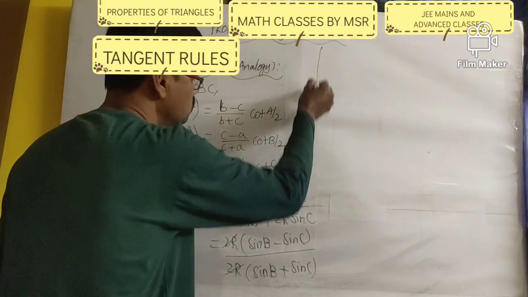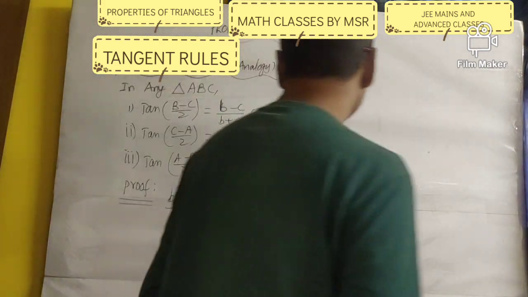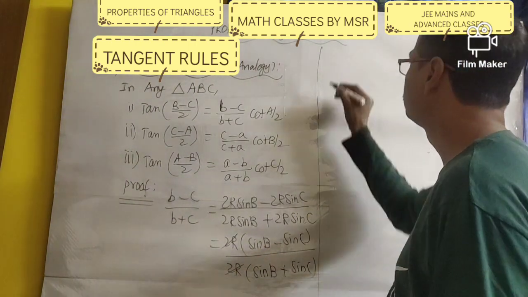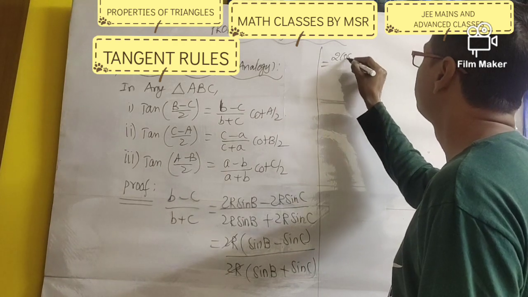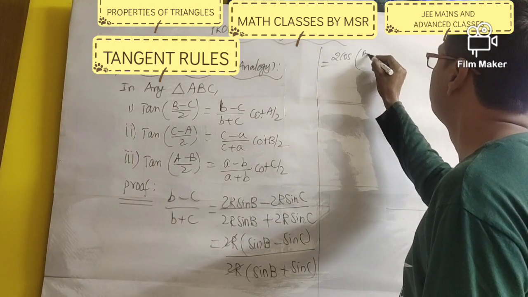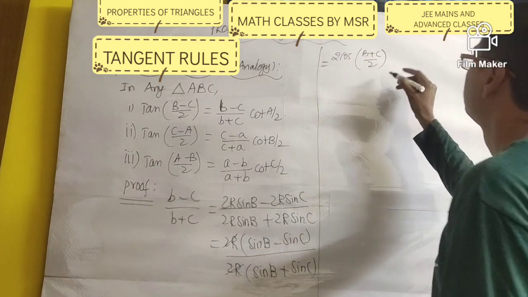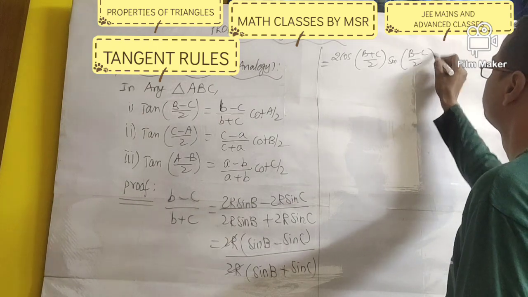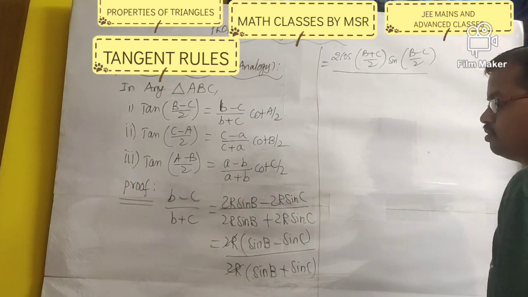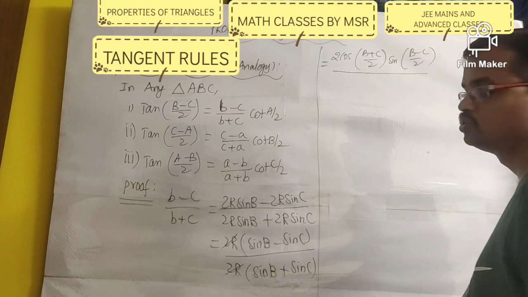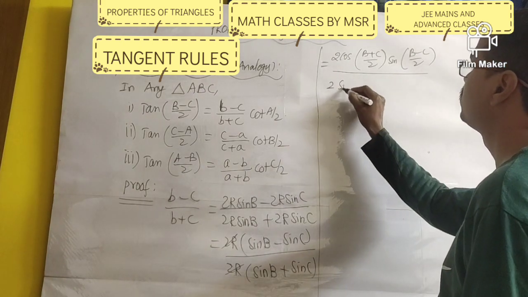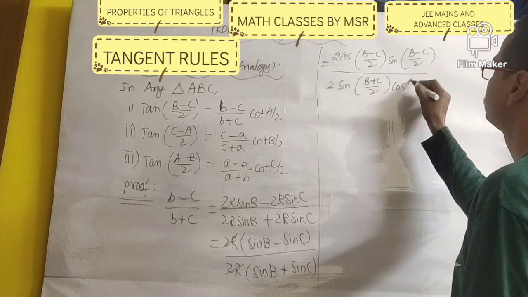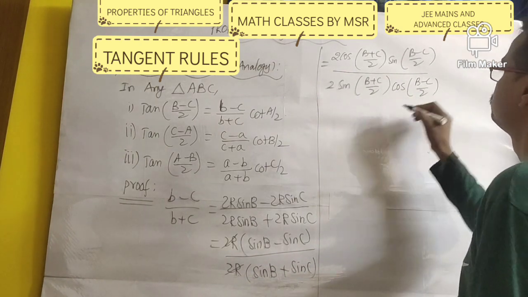Now if you see here, sin b minus sin c, we apply a transformation formula, that is 2 cos of (b plus c) by 2 sin of (b minus c) by 2, by sin b plus sin c, 2 sin of (b plus c) by 2 cos of (b minus c) by 2.